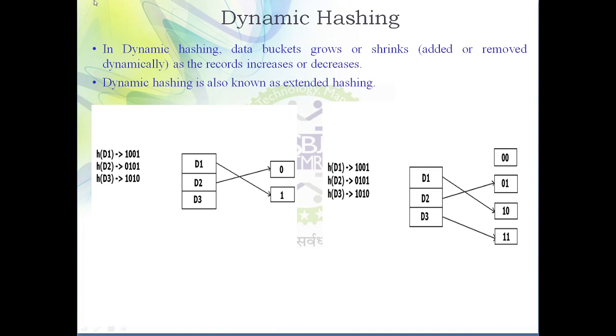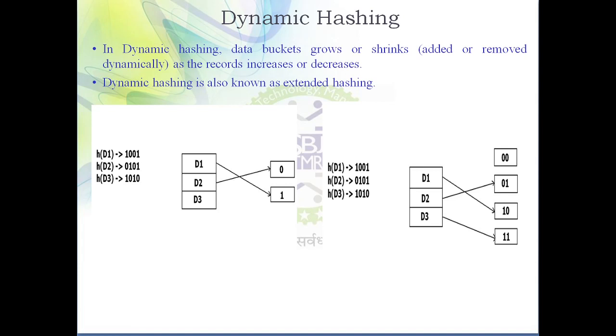Now I will illustrate with these two diagrams. Dynamic hashing is also called extended hashing. In this case we take a simple example. Suppose there are three search keys, D1, D2 and D3, for which three hash values are generated: 1001, 0101, 1010.